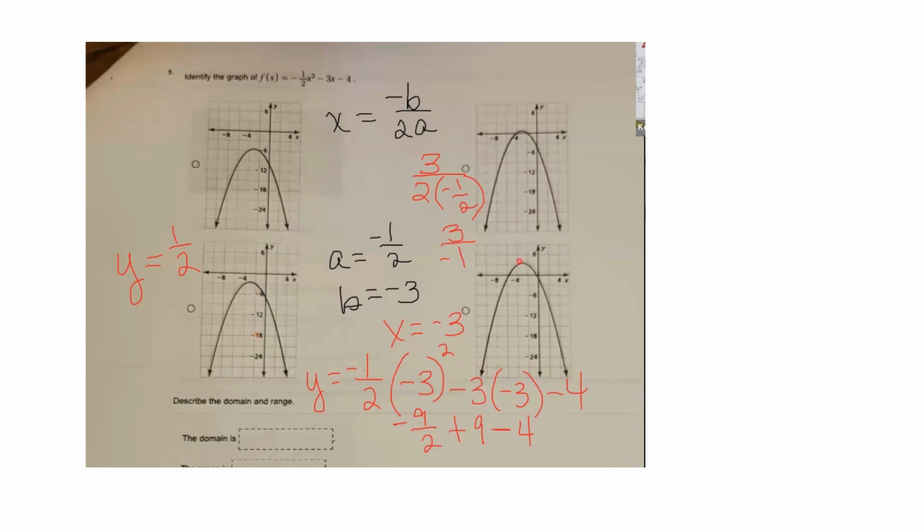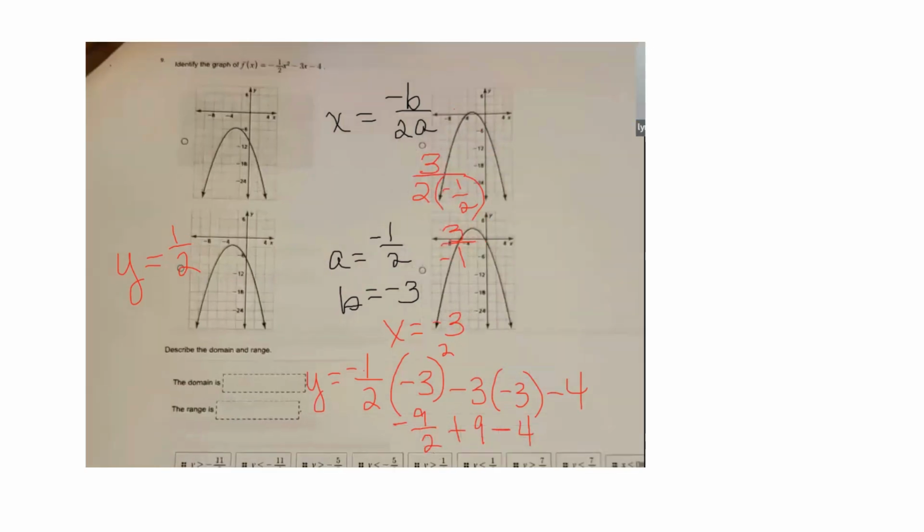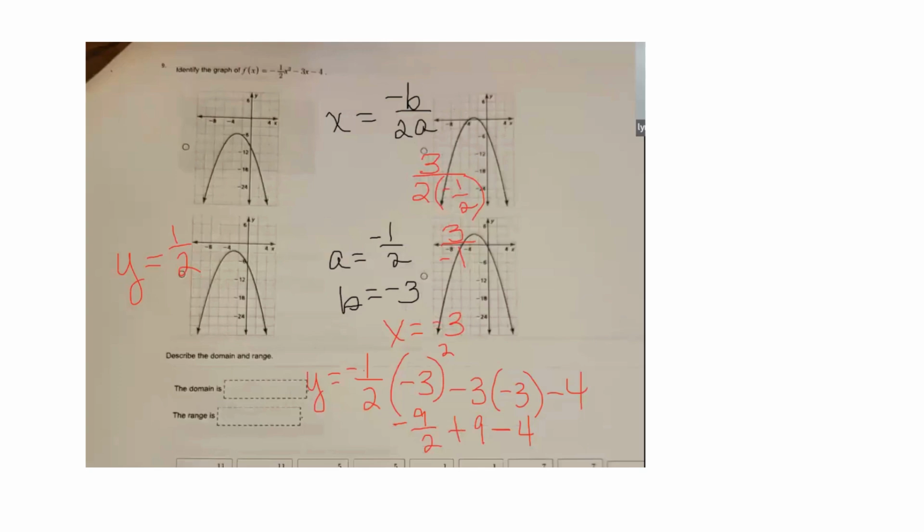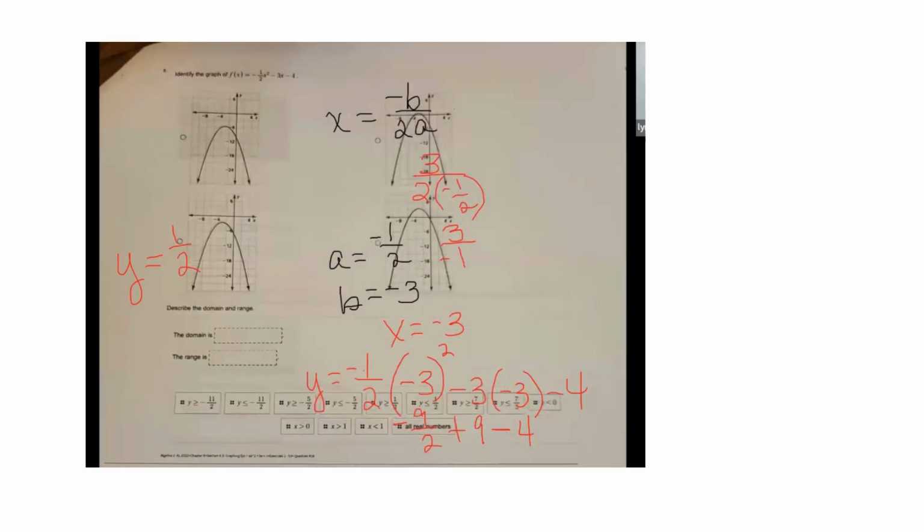That one's a little bit too high, so that would be your winner, right? Winner, winner, chicken dinner. All right. And so I'm going to figure out the domain and range.